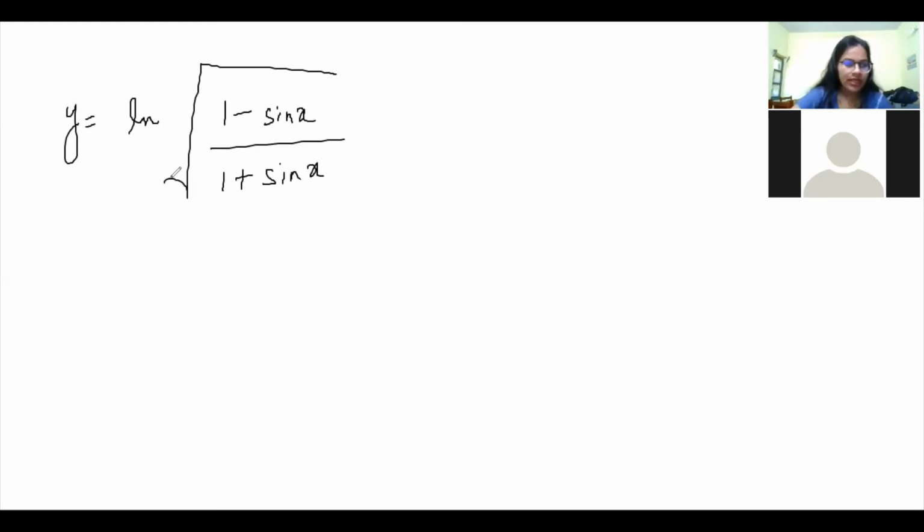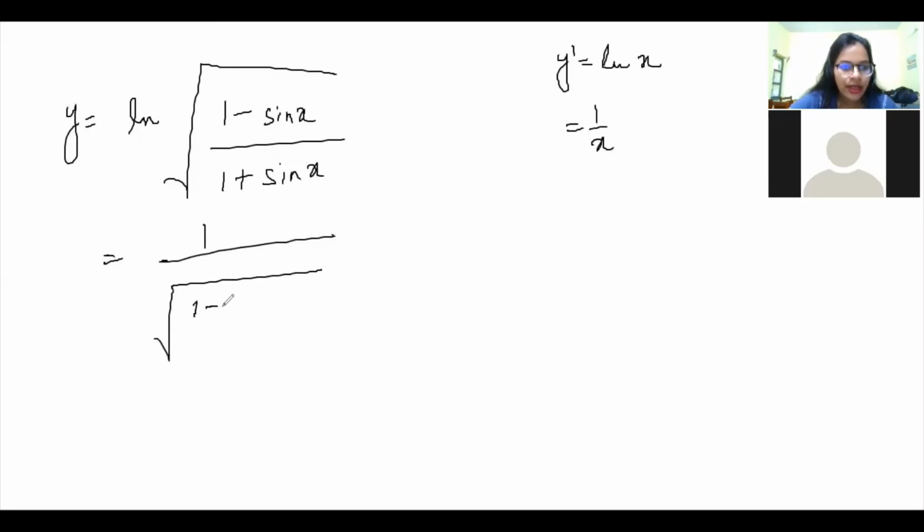In the case of log, there is this formula that y dash will be 1 over whatever is given inside. Suppose log x is given, so y dash will become 1 by x. In this way, this will become 1 by root of (1 minus sin x) by (1 plus sin x).